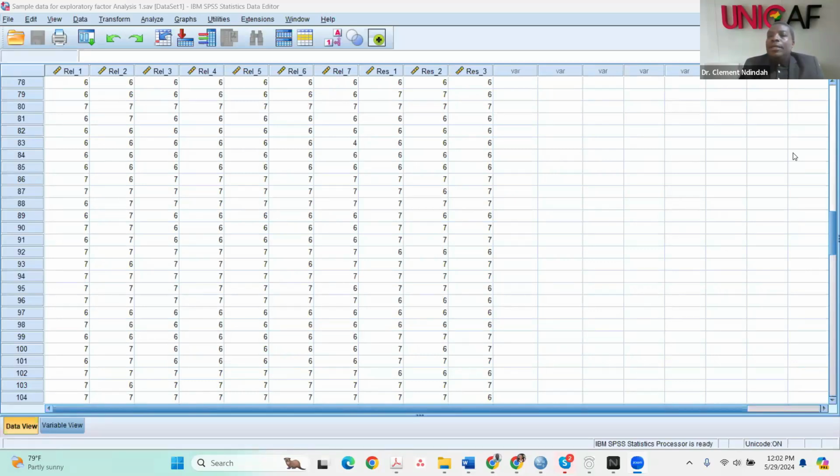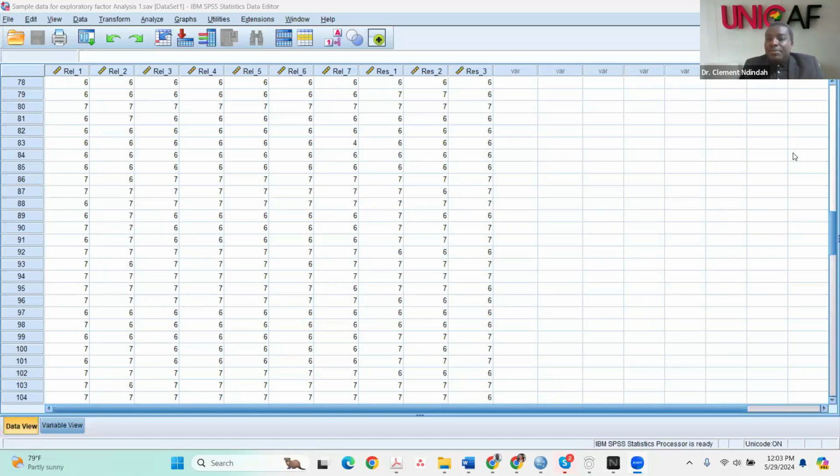Let's just say you want to measure a construct, and there is no scale existing to measure that construct, and you decide to read through the literature. You see some of those factors in the literature that have been pointed out to be relevant to the construct that you want to measure.